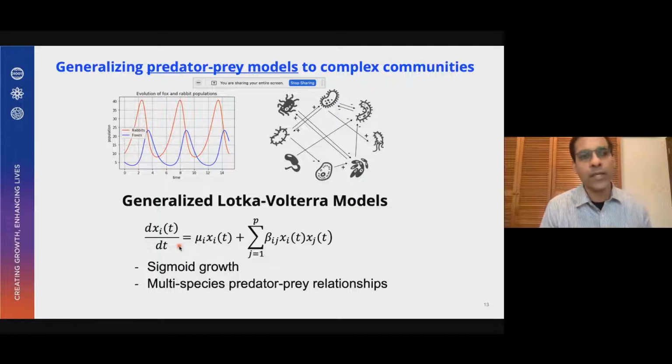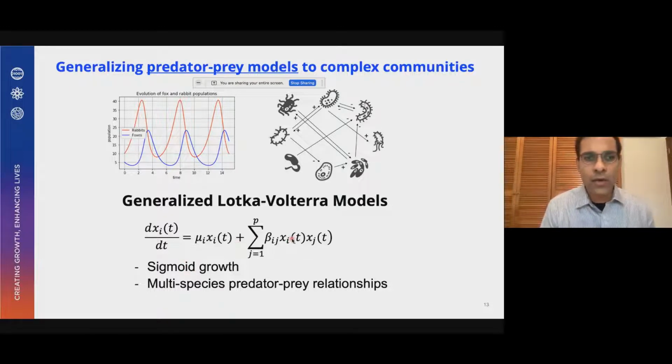First order differential equations, where we model the rate of growth of species i, dx_i/dt, as a function of the abundance of species i, the absolute abundance, multiplied by a constant term mu_i. This models sigmoidal growth.